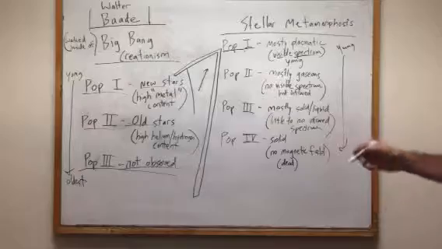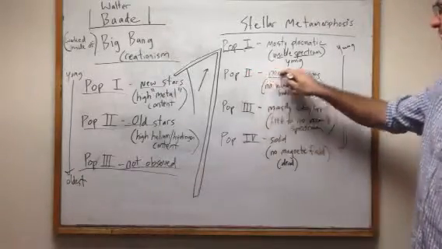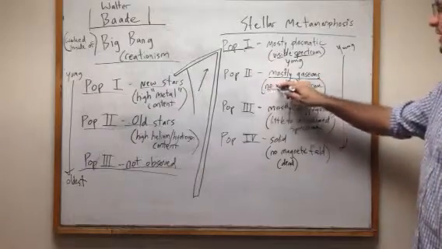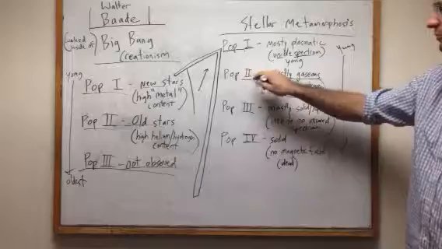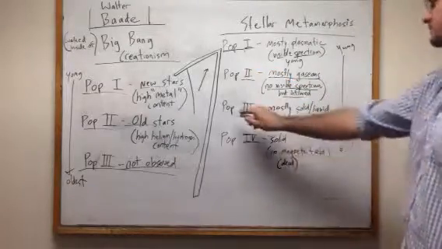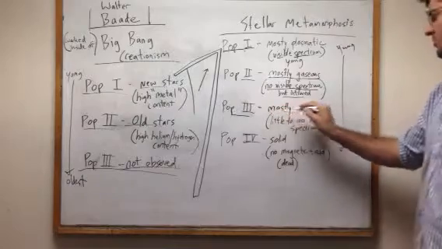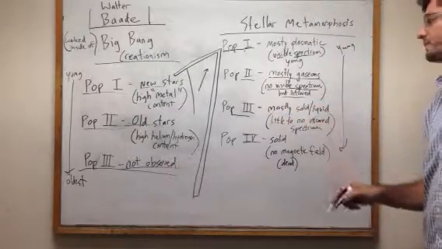Now, when you get into the interesting part, stellar metamorphosis says the mostly gaseous stars do not have visible spectrums, but radiate in the infrared are population 2. Those are Jupiter, brown dwarfs, things like that. Population 3 are mostly solid and liquid stars. They have little to no infrared spectrum.